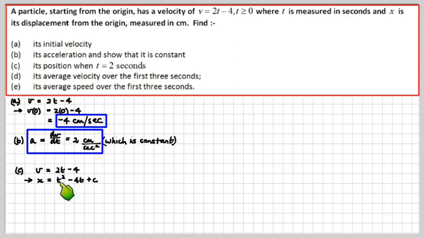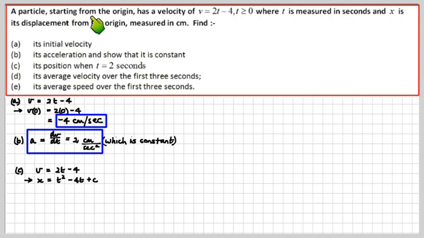So that'll be t squared minus 4t plus some constant, which is called the constant of integration. Now, in order to work out what the constant is, we have to substitute our values in, because we know that it was starting from the origin. Didn't they say that?